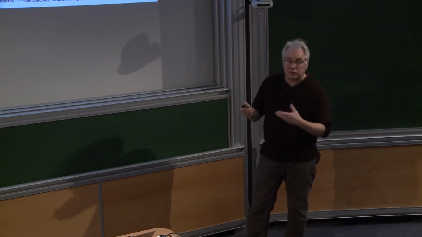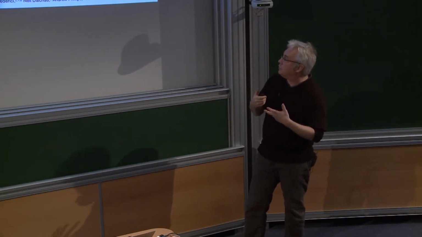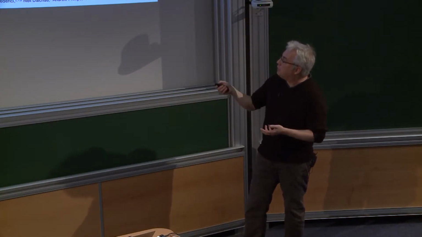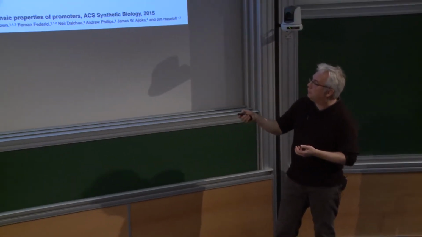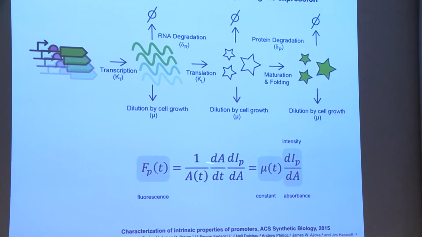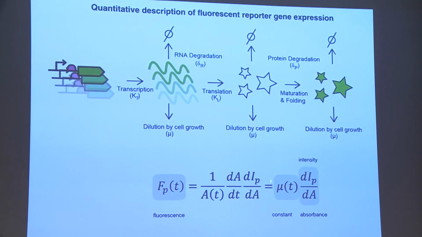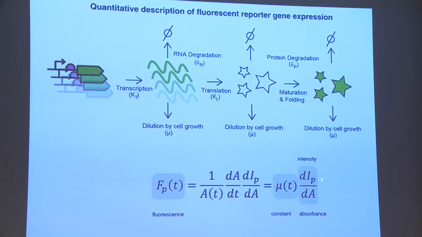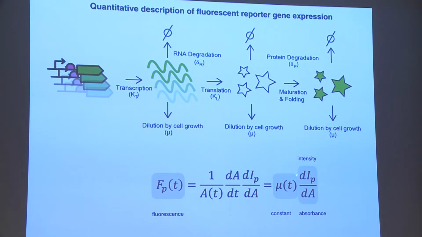So one of the first things that we've discovered both experimentally and theoretically is that for the product of fluorescence, the thing that you're actually measuring in these devices, there's a linear relationship between the rate of accumulation of the intensity and the absorbance. The ratio of those two is a constant product.